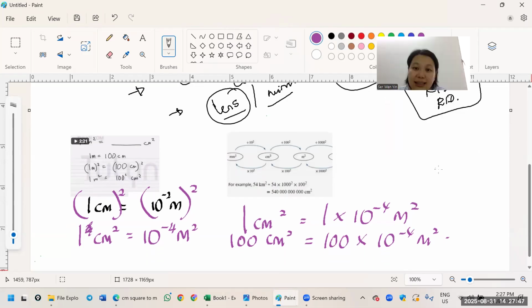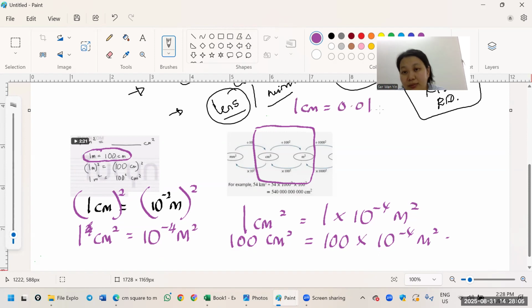We are used to this, but we are not used to square. So if your cm change to meter, we divide by 100. So when you want to divide 100, you also need to divide 100 squared, since you square here.